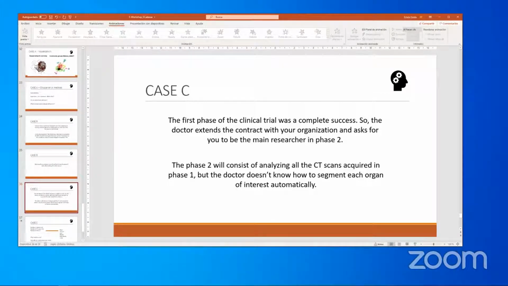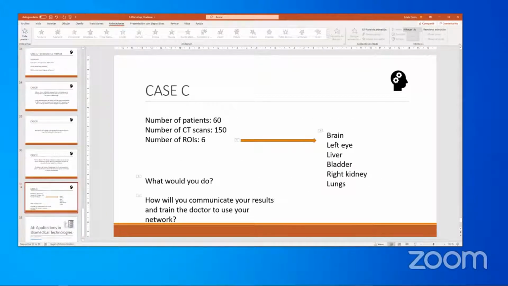But the doctor doesn't know how to segment each organ of interest automatically. The information we have for this project is that we have 60 patients, 150 CT scans, and 6 regions of interest to segment.